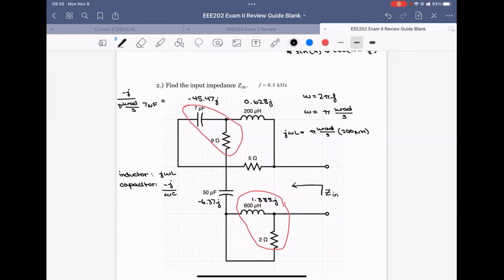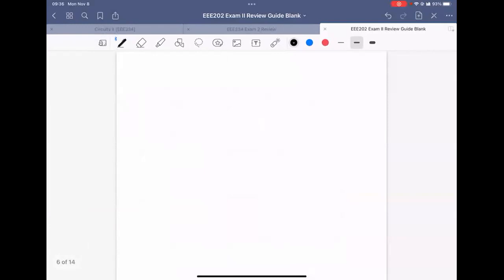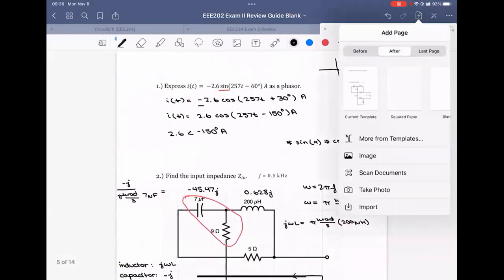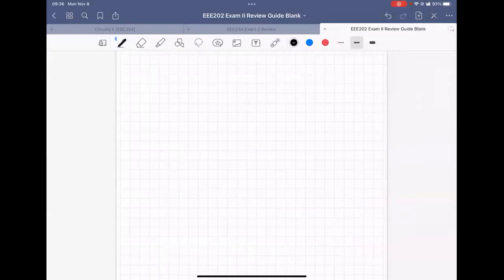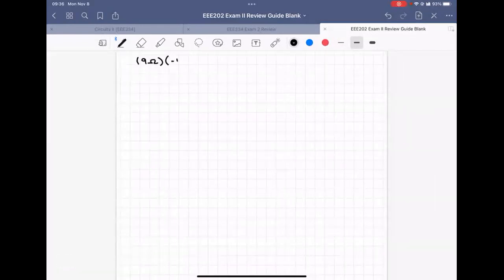The first one, and since there are two, we can write this out. We have a 9 ohm in parallel with the negative 45.47 J. And then we can add these.